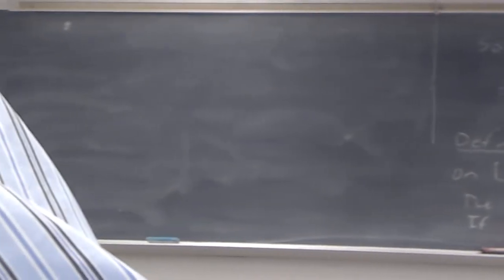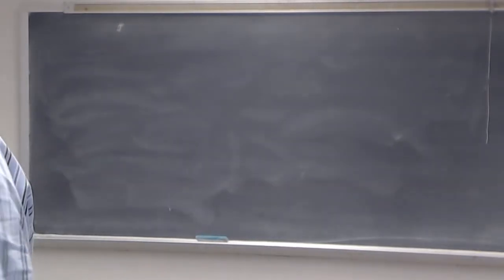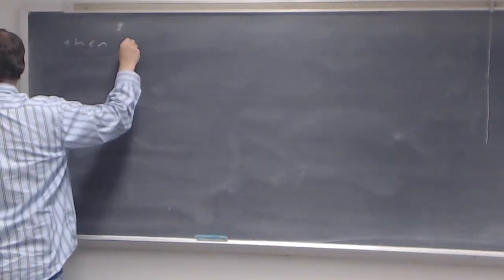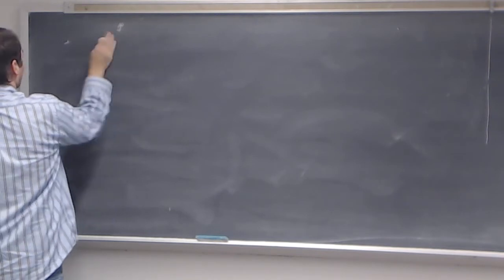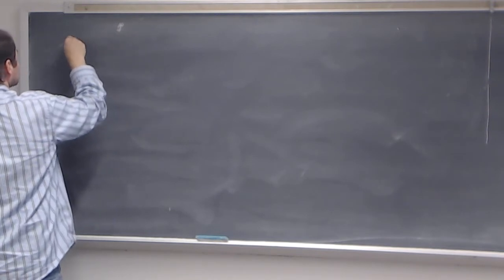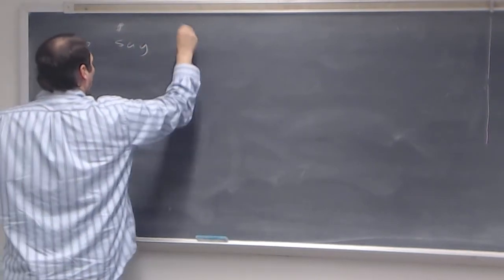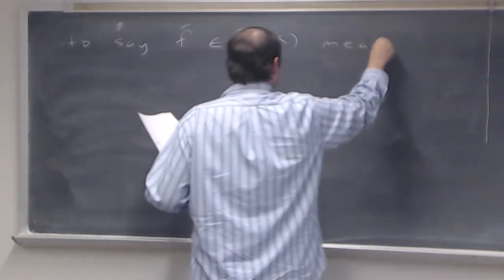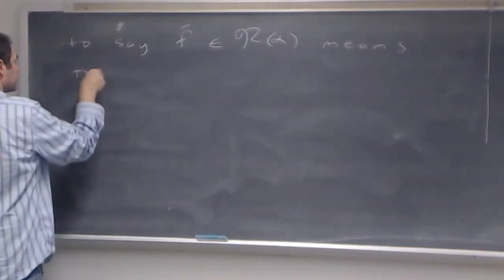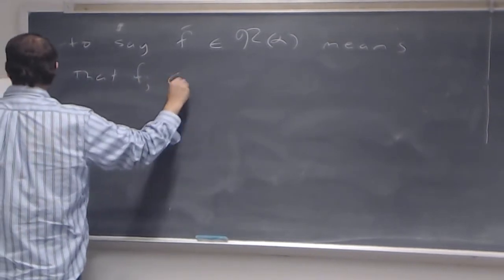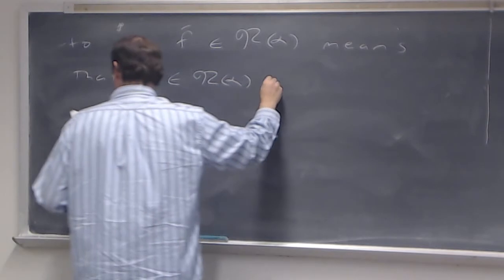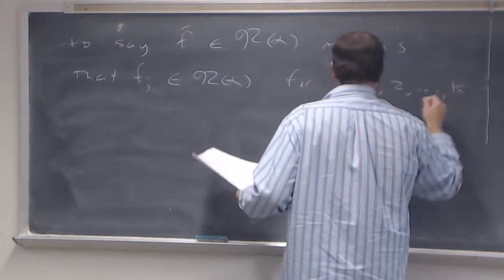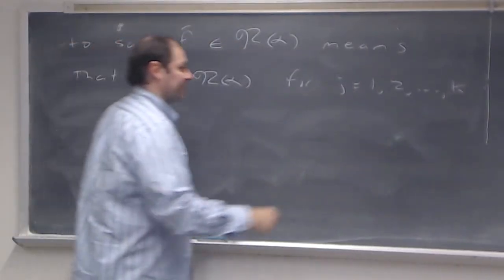Then, we're about to make our definition. To say f bar is Riemann-Stieltjes integrable means that f sub j is Riemann-Stieltjes integrable for j equal 1, 2, all the way up to k, and that's the definition.